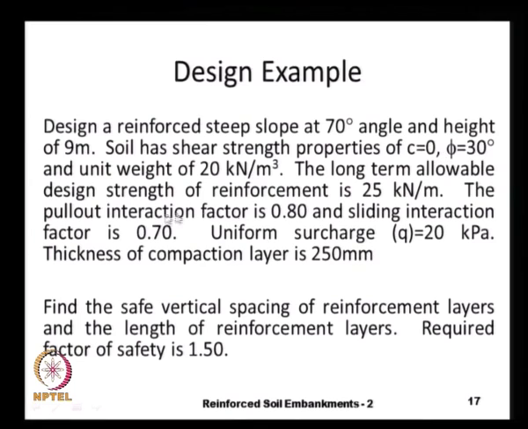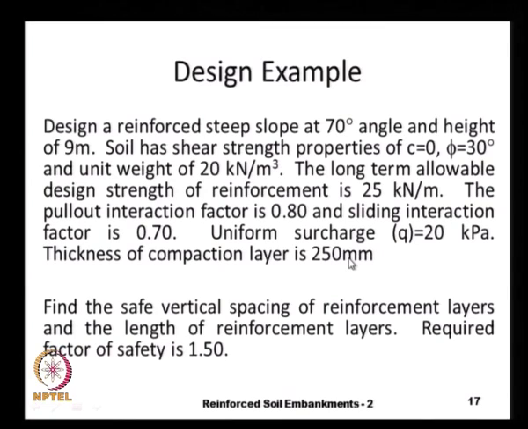Then the long term allowable design strength of the reinforcement is 25 kilonewtons per meter, and the pull out interaction factor is 0.8, and the sliding interaction factor is 0.7, and the uniform surcharge is 20 kPa, and then the thickness of the compaction layer is 250 millimeters.